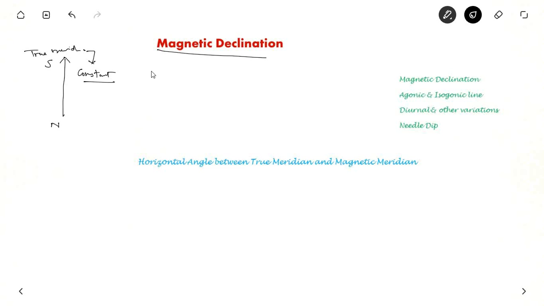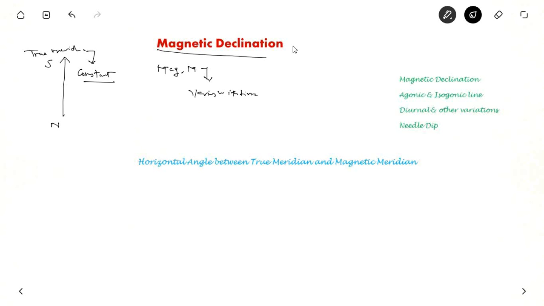Whereas in magnetic meridian, it is what a freely floating compass shows. Magnetic meridian I am writing like this. So here magnetic meridian varies with time. So the difference between true meridian and magnetic meridian is magnetic declination.